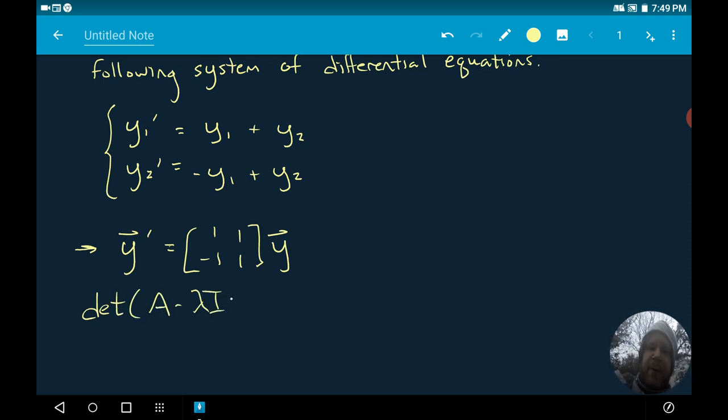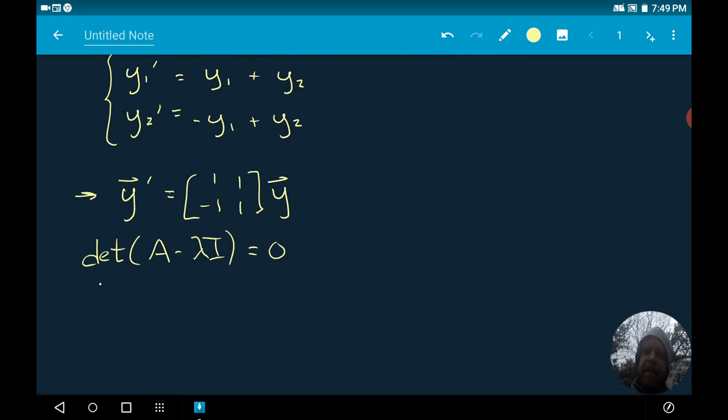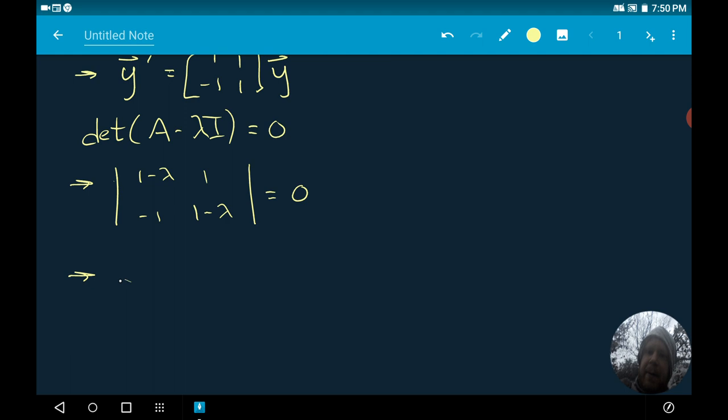If we use this formula to find our eigenvalues, we get that the determinant of 1 minus lambda, 1 minus lambda, 1, negative 1 here is equal to 0. Let's see, minus 1 times negative 1, so plus 1.